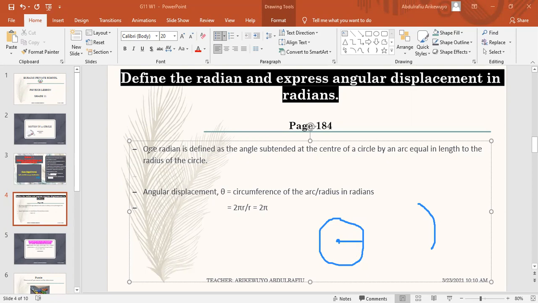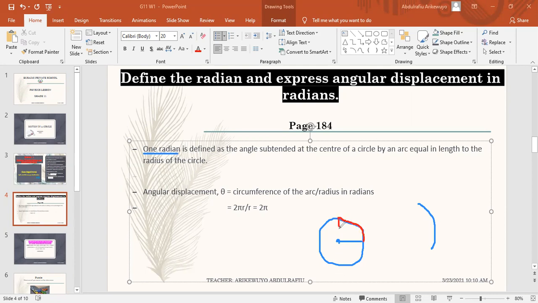Now, one radian is a unit. One radian is defined as the angle subtended. If I cut an arc, let me get a red pen. I want to cut an arc like this. I told you an arc is a part of a circle, right? So this red is an arc.